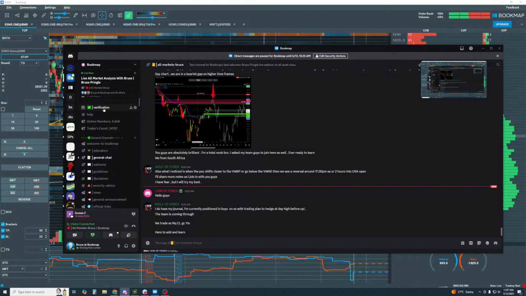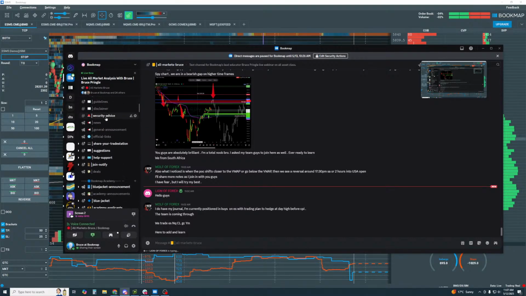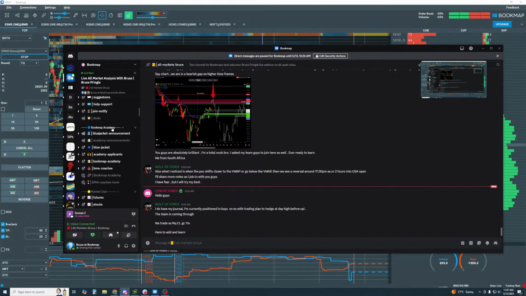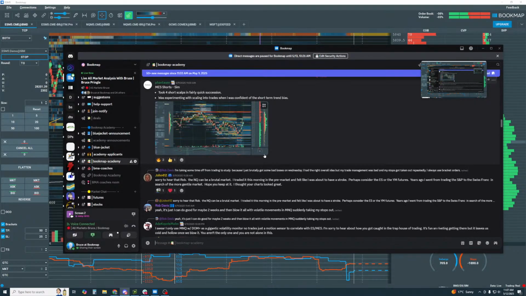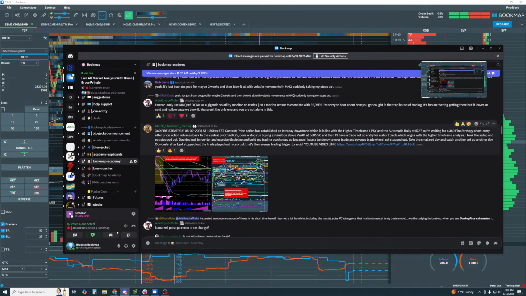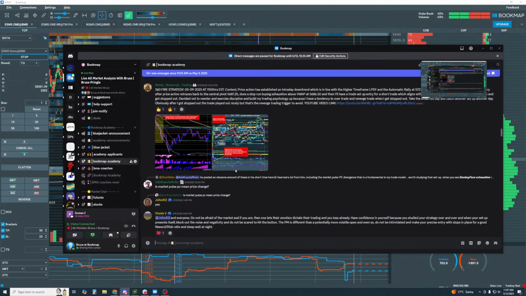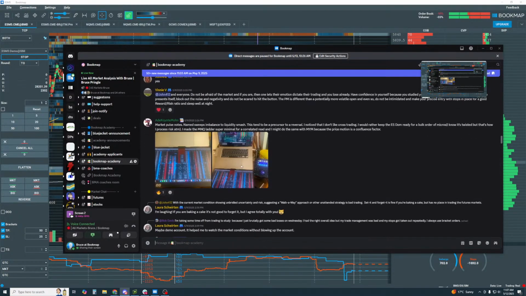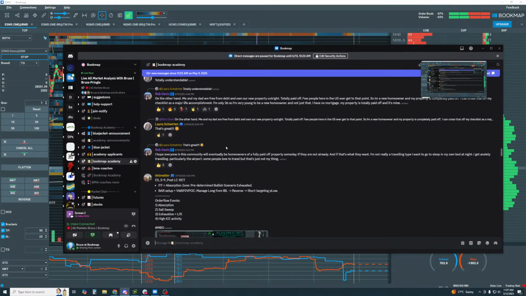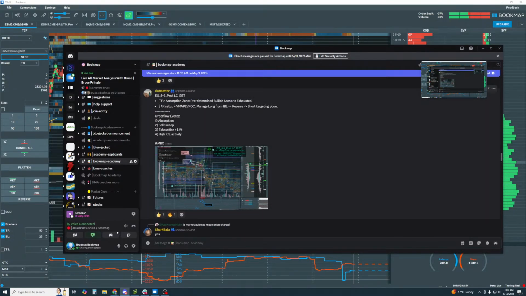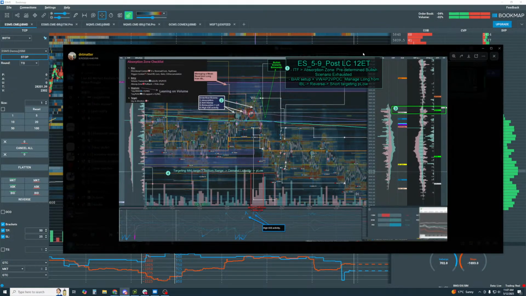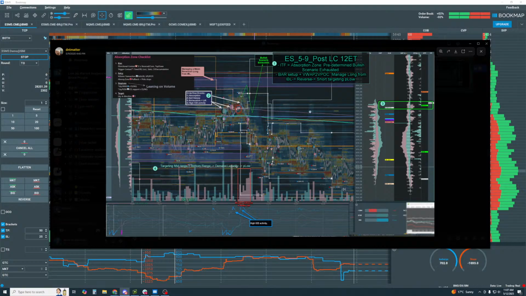It's pretty straightforward. Anyway, we scroll down a little bit here under Bookmap Academy, this section here. Okay, and then Bookmap Academy, this is it. Click on that, and then you'll see everyone's setups in here, and they're journaling, they're marking up their charts in here. Okay, here's one from DNT. Bookmap Academy member for a long time now.